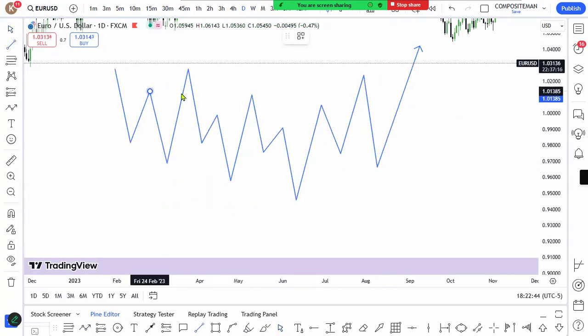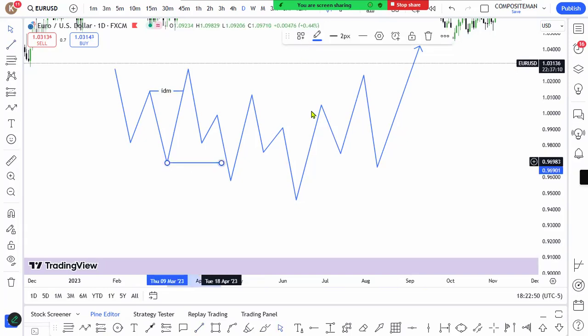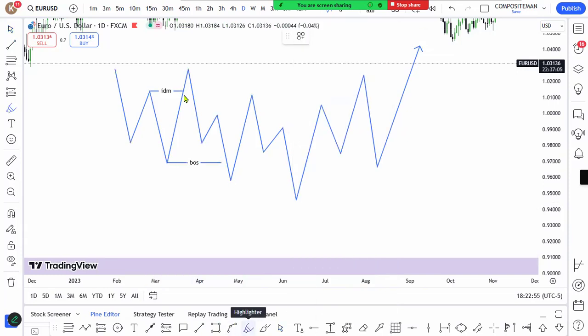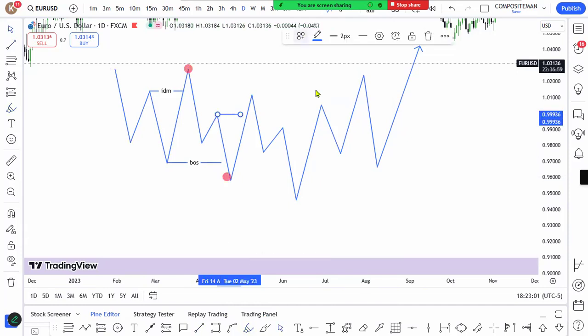Because number one, you have inducement here, and you have a break of structure here. Once you have this, then this means that you have what you call the high and the low, and this high and low is confirmed after taking out this particular inducement. And again, you've broken the structure.